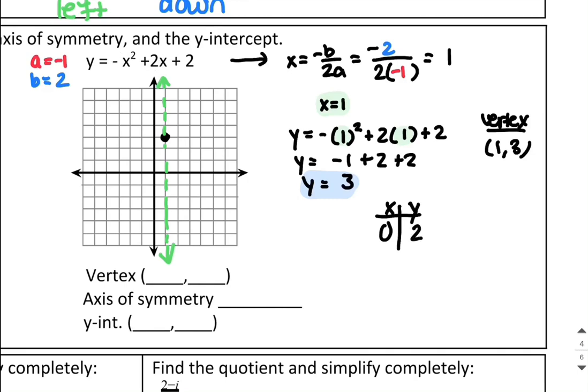I'm going to be left with just 2. So I have (0, 2). And I can reflect that point over the line of symmetry to find (2, 2) is also a point on this graph. And then I connect these in a curved shape. And that's my parabola. The vertex is (1, 3). The axis of symmetry is x equals 1. And the y-intercept is (0, 2).